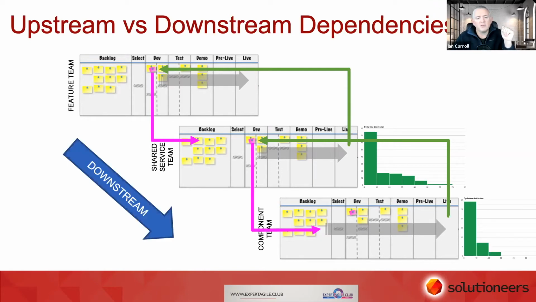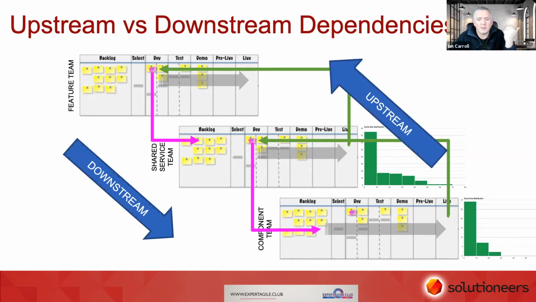So again, we look downstream and we also look upstream. A couple of rules on this: the team furthest upstream should own the entire dependency chain.